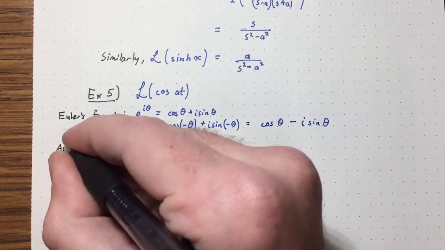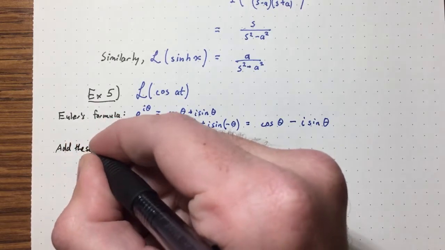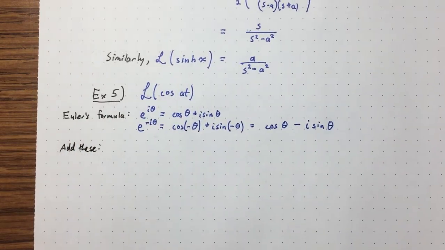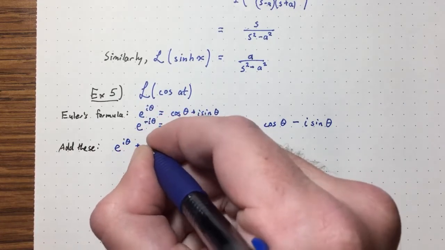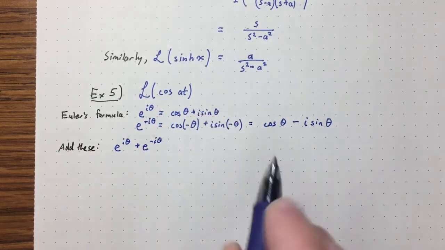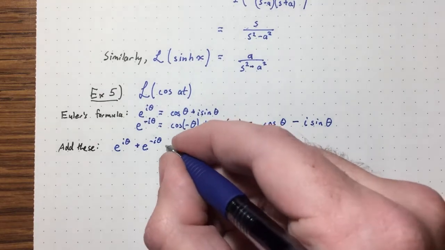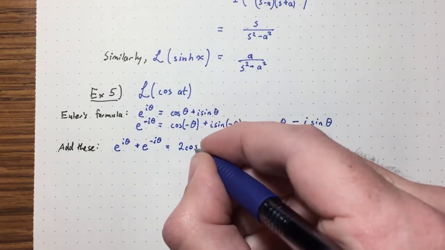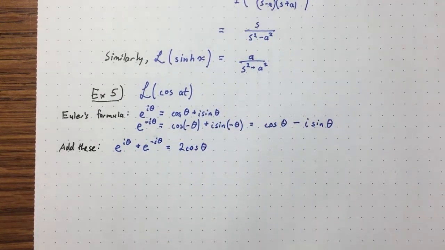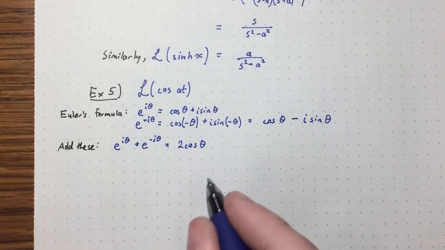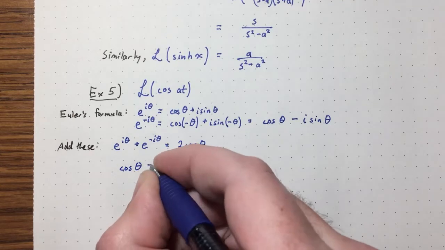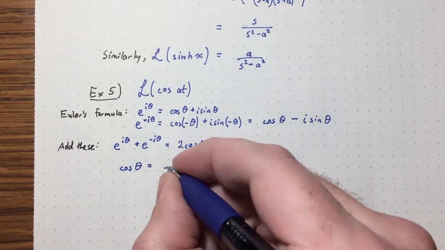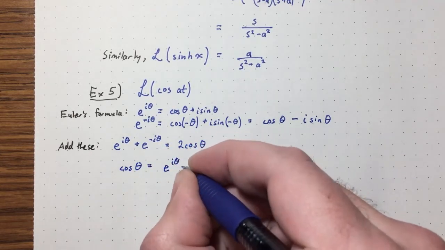If I add these, here's what I get: e to the i theta plus e to the minus i theta on the left side. On the right side, I get 2 cosine theta, and the i sine theta terms cancel. So this tells me that cosine theta I can express in terms of these complex exponentials.